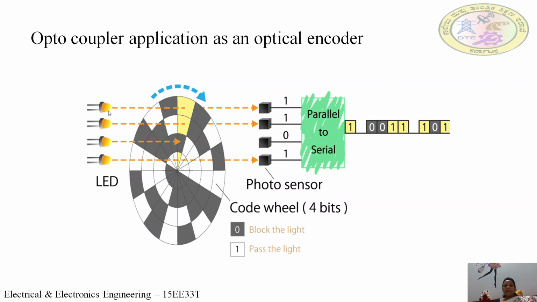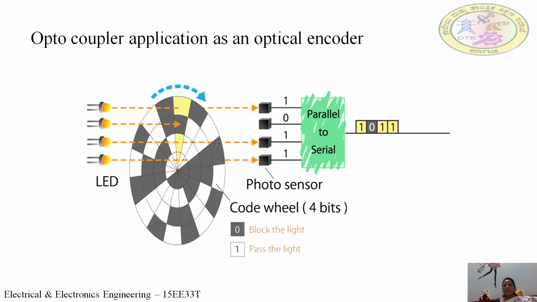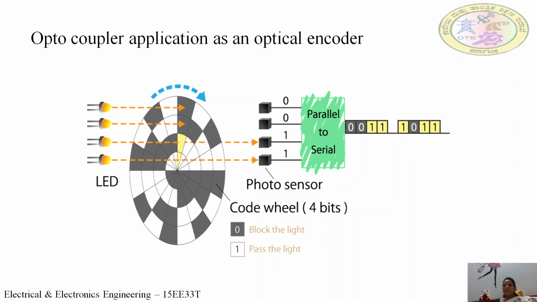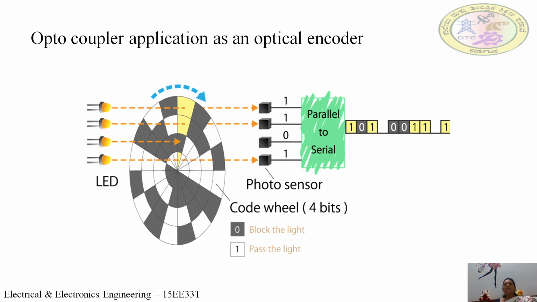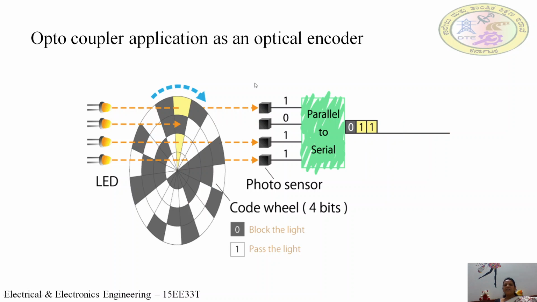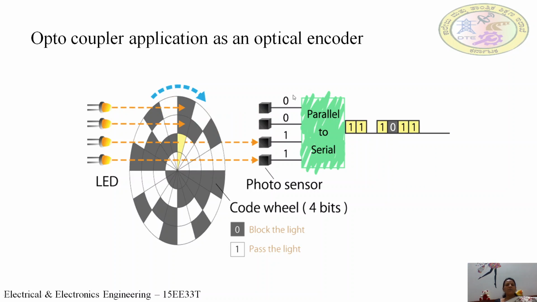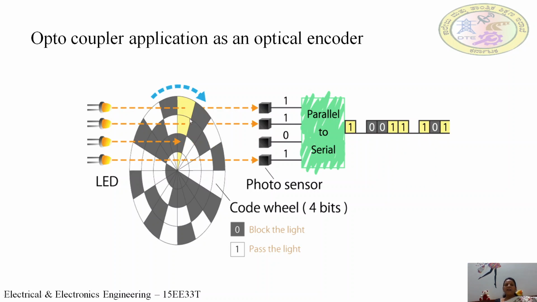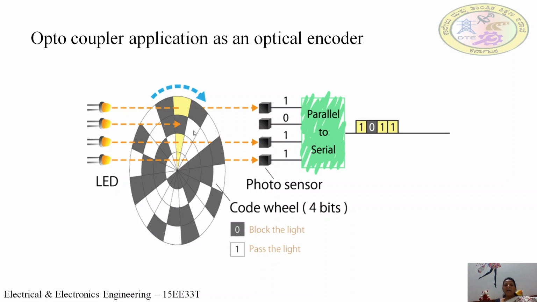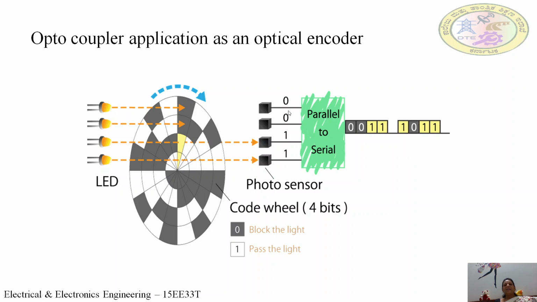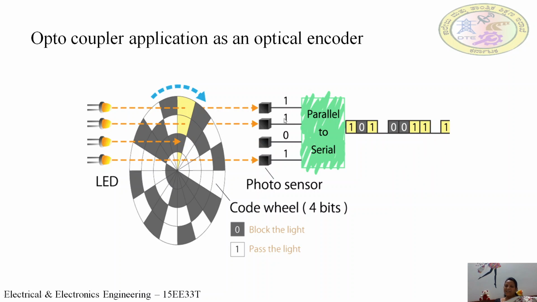When the light emitted by the LED passes through the transparent area of the coded wheel, the light reaches the photosensor and you will have a digital output. But when the light is obstructed or stopped by the opaque portion of the coded wheel, you will get a zero output signal.